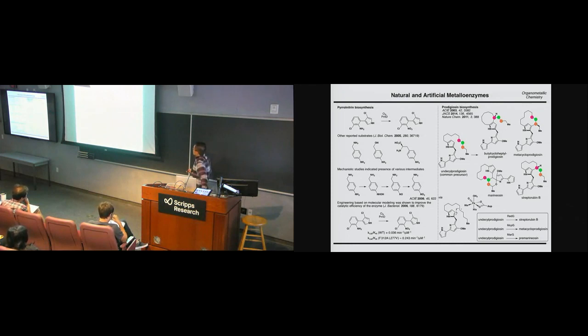In any case, the strategy that nature employs in the biosynthesis of these natural products is pretty interesting, because nature takes this common precursor that contains a linear chain, called undecylprodigiosin, and through the action of several distinct enzymes, this precursor can be cyclized in a selective fashion to generate different types of macrocycles.